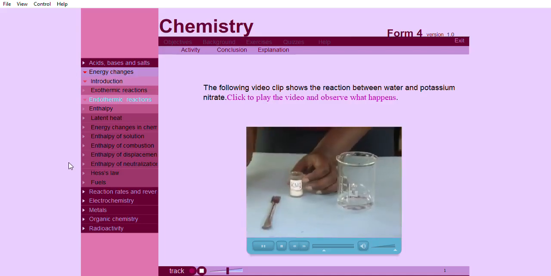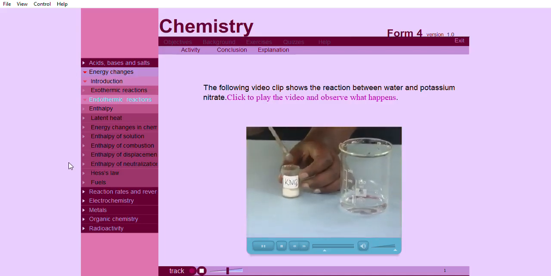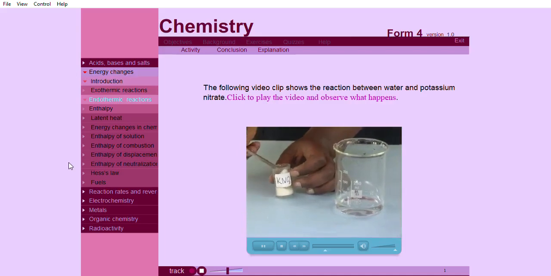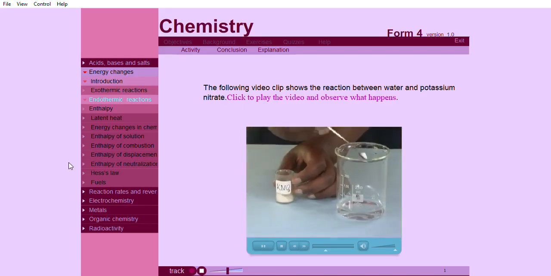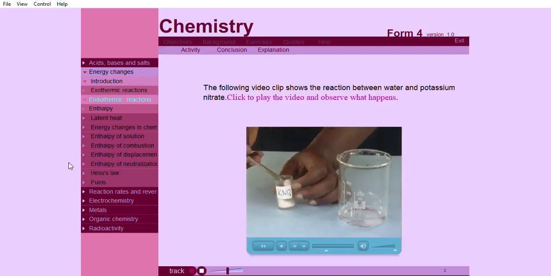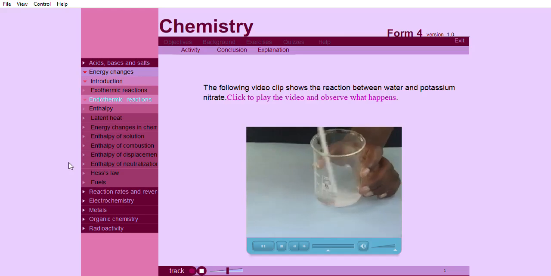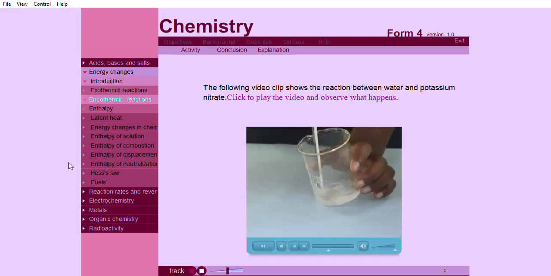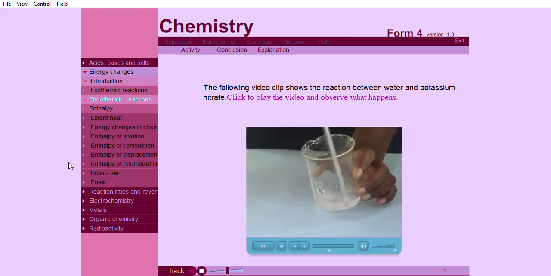Add 3 spatula full of potassium nitrate to the water. Use a thermometer to stir the mixture.